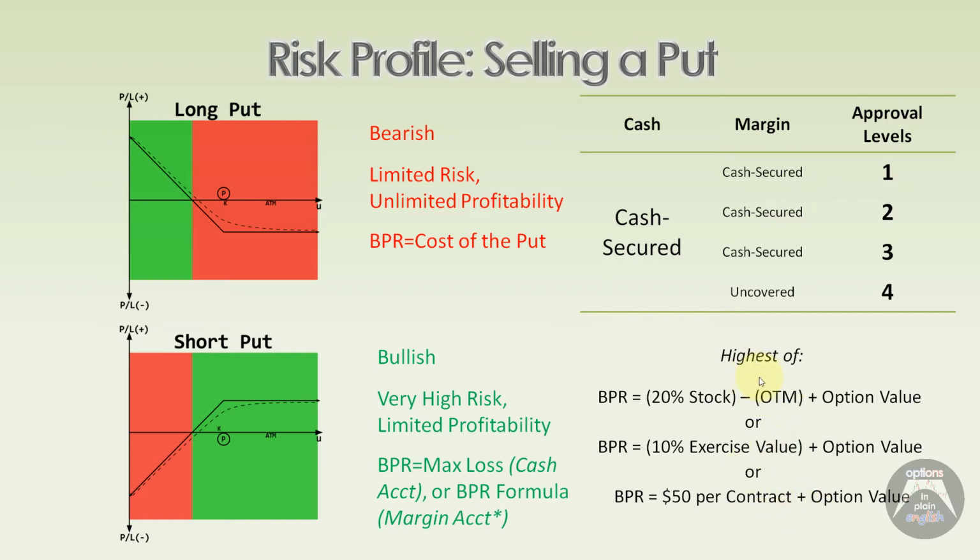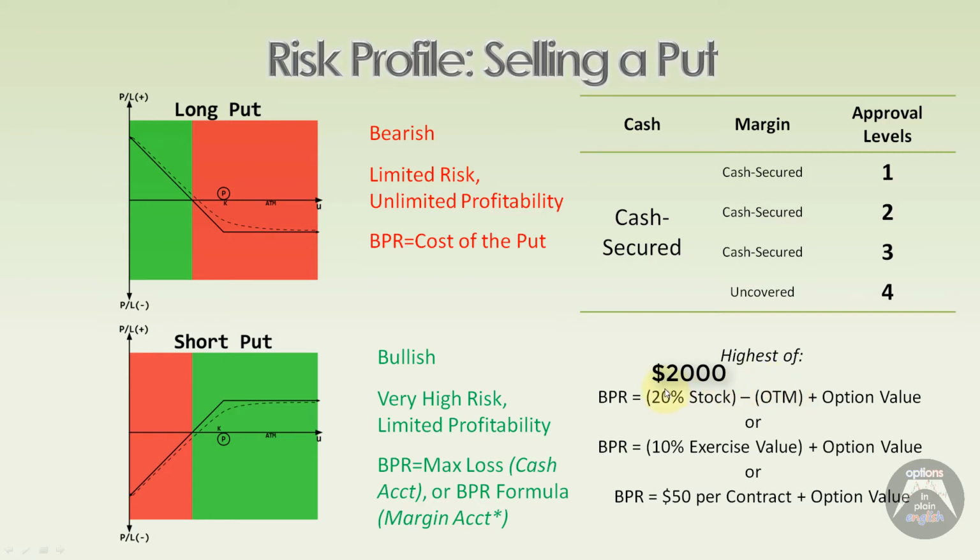So in that same example, let's say we have the $100 stock and we sell the $90 put. You would have 20% of the stock, which would be $2,000, because it's one contract of 100 shares of a stock that's trading at 100. So 10,000, 20% of that is 2,000, minus the amount that it is out of the money.